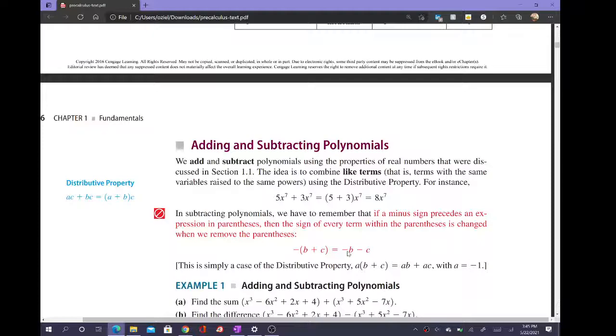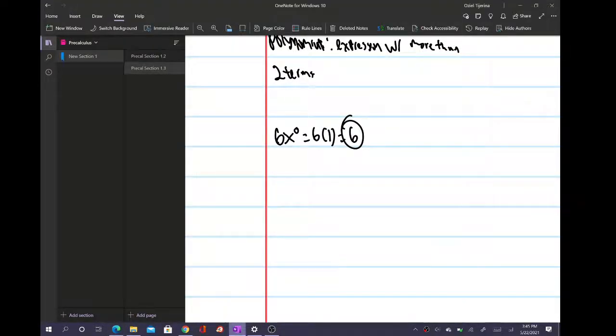Okay, it says adding and subtracting polynomials. It says we add and subtract polynomials using the properties of real numbers that were discussed in section 1.1. So, in reality, this is something that you did learn in algebra. Basically these are 2 monomials.